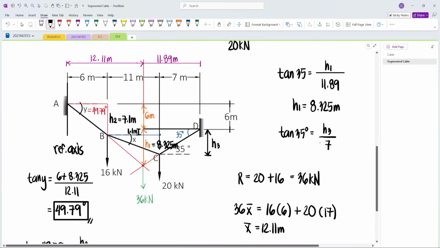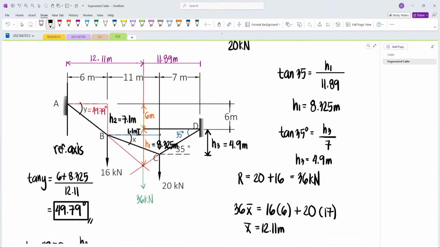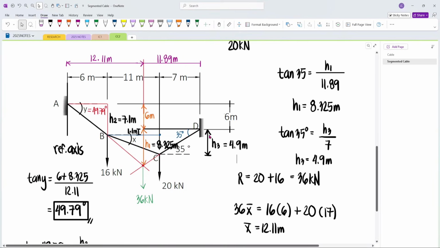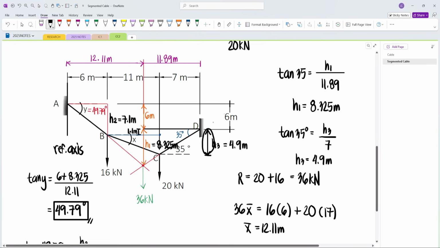So, H3 is equal to 7 tan 35, which is 4.9. So, if this is 4.9 meters, and we know na this is 1.1 meters, then subtracting both, H3 minus 1.1, ito yung magiging height ng triangle na yan.